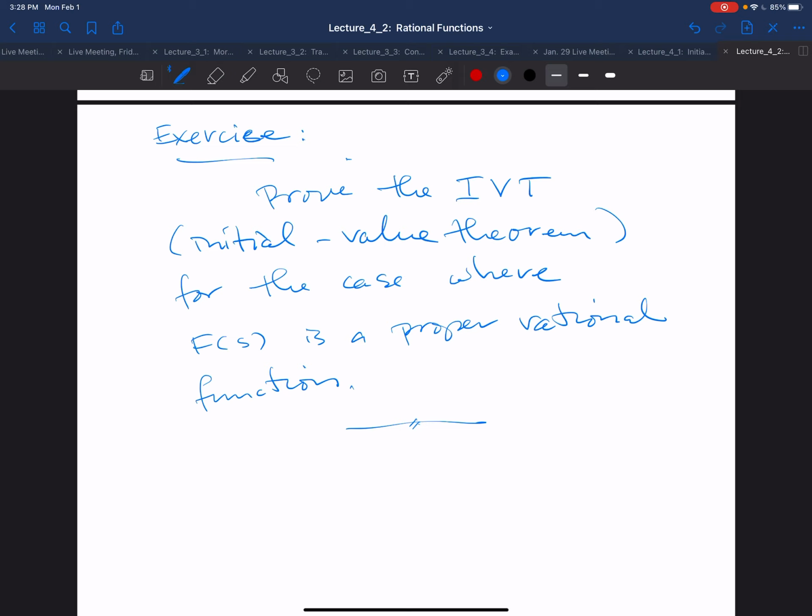It's just a good exercise. Now it turns out that if f of s is a proper rational function, then we can prove another property of the Laplace transform, which we call the final value theorem. And that's even more useful than the initial value theorem. And that will be the topic of the next video. So I'll see you in that video.